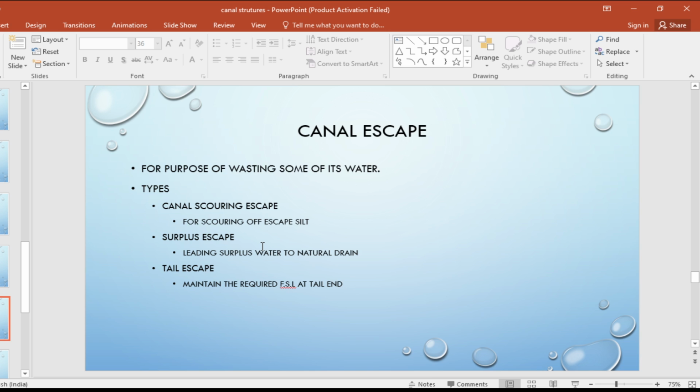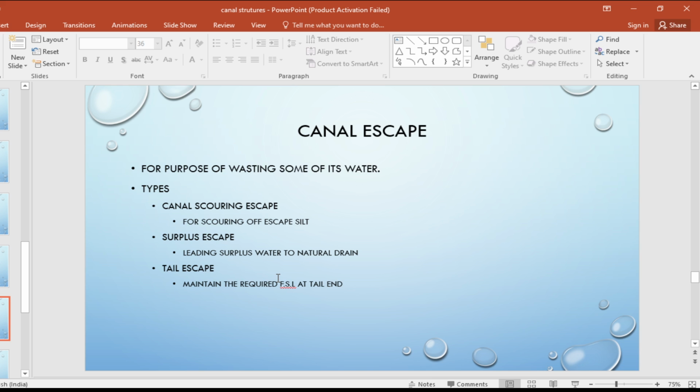A tail escape is provided at the tail end of the canal, and it is useful in maintaining the required full supply level at the tail end. The structure is weir type with its crest level at the required FSL of canal at its tail end.